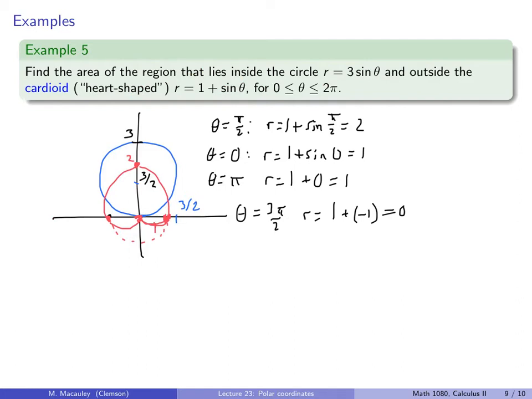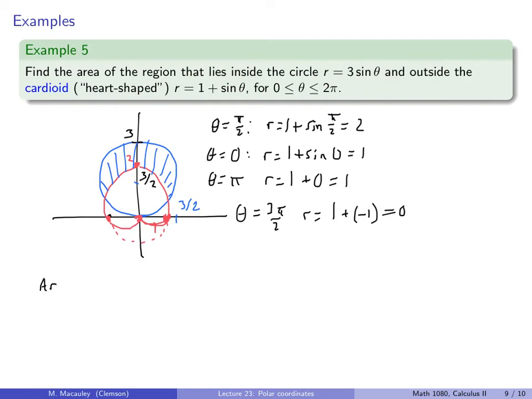Find the area of the region that lies inside the circle and outside of the heart-shaped region. So that is this piece right here. Find that. So let's set up the integral.